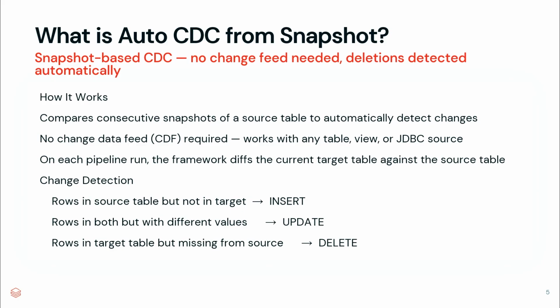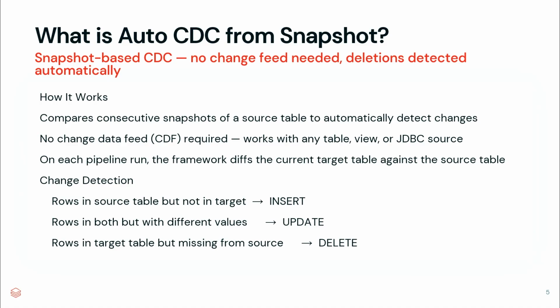Now, what is auto CDC with Snapshot? As data engineers, all of us have written change data capture, and you find yourself in a situation where you're just at the mercy of your source system. You don't have a perfectly sequenced change data stream passed to you as the source. Now what do you do?